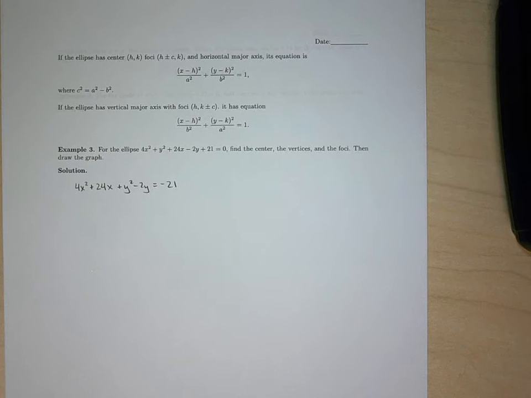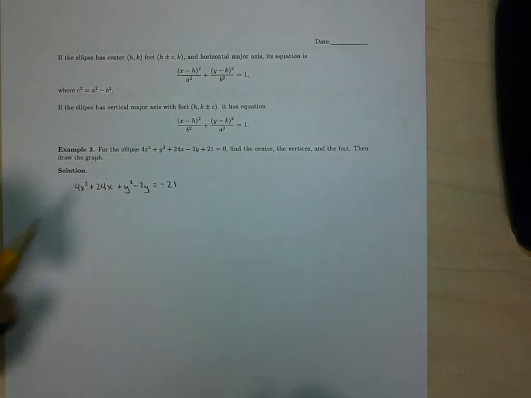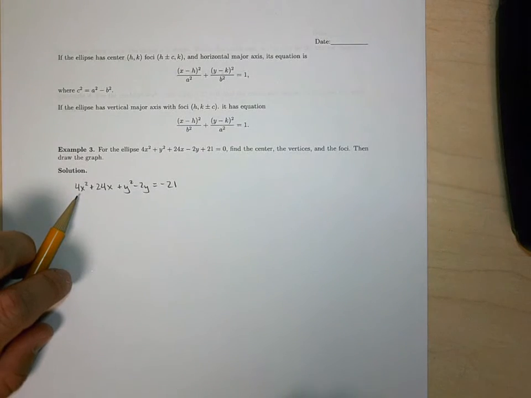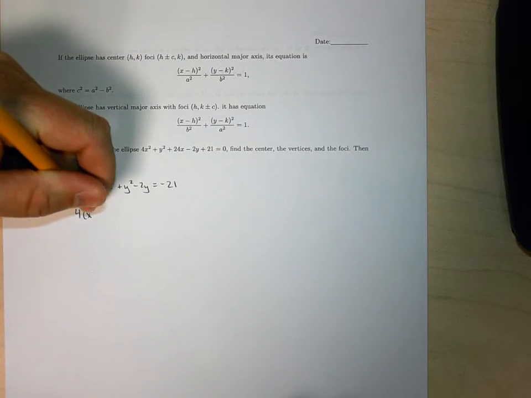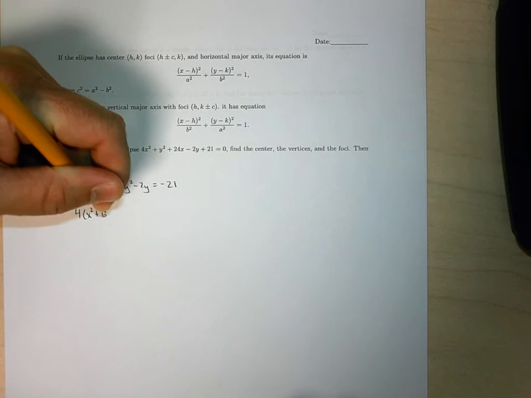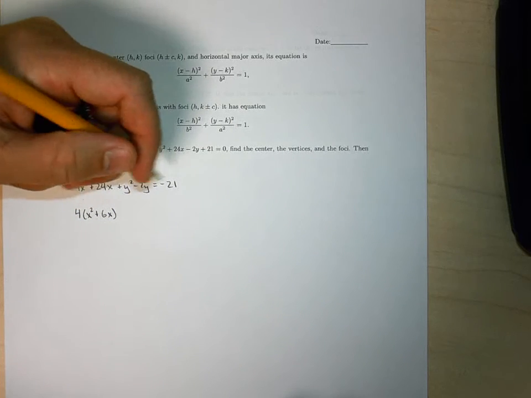Now, completing the square is reliant on having a 1 in front of x squared or y squared. And we see that we don't have that right now with the x squared. So what I'm going to do here is just sort of selectively factor. I'm going to take a 4 out of the x squared and the x term.